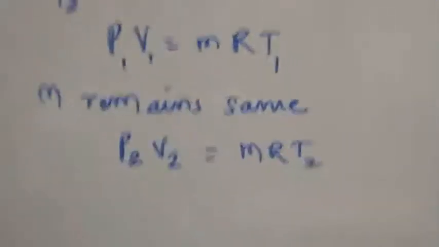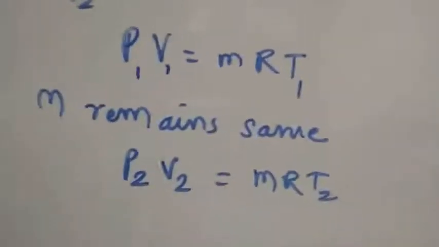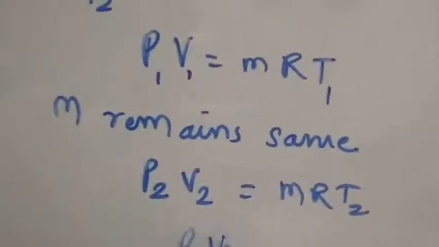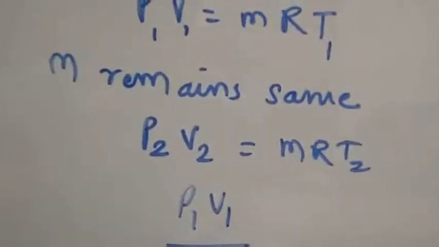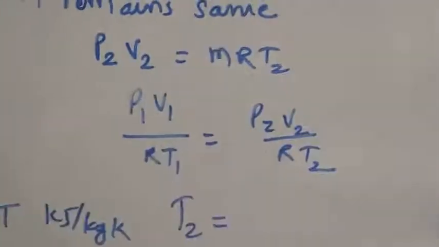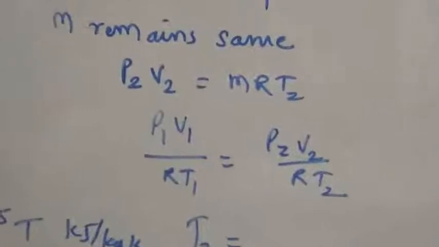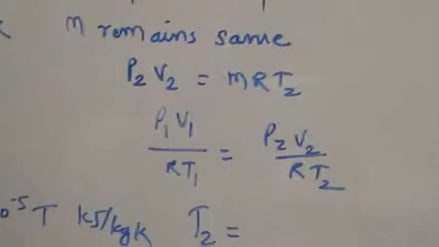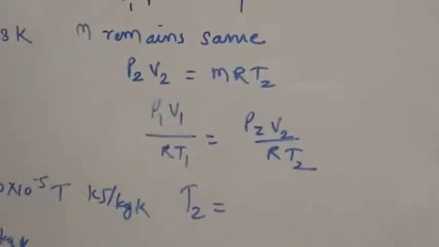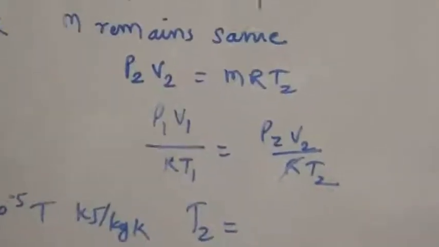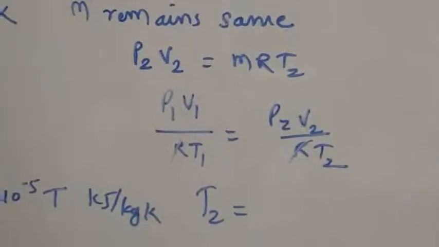Now we can write these two equations. As M remains the same, I can write P1 V1 upon RT1 is equal to P2 V2 upon RT2. Equating M from both sides, R gets cancelled, and from this we get the value for temperature T2.